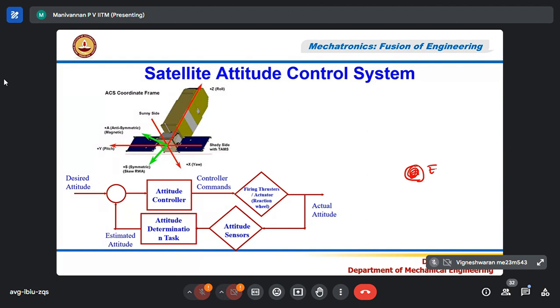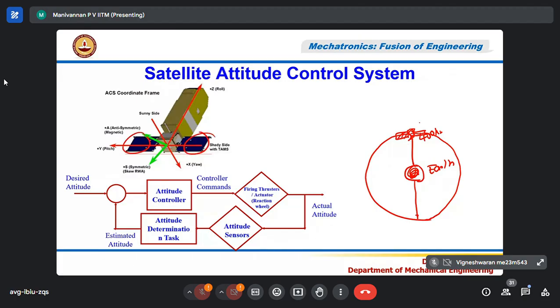This is my Earth, and the satellite is launched, for example, in low Earth orbit, 400 kilometer height, and it has to revolve around, maintaining constant altitude. And also, as I told you, there's a sun. This is my satellite, it has a solar panel. That's what is shown here.